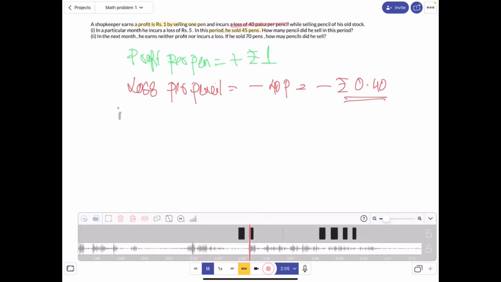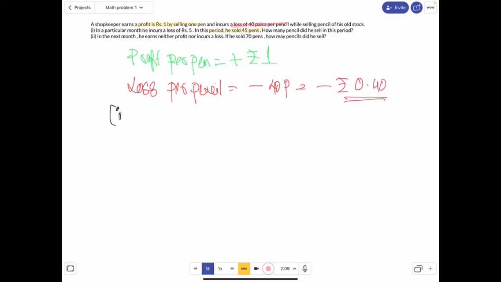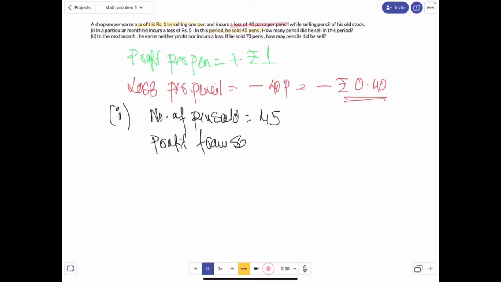So question number 1 can be thought of like this. Let's write number of pens sold is 45. So profit from selling 45 pens, I mean, this is a profit.